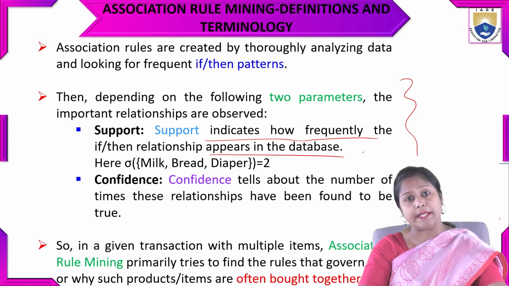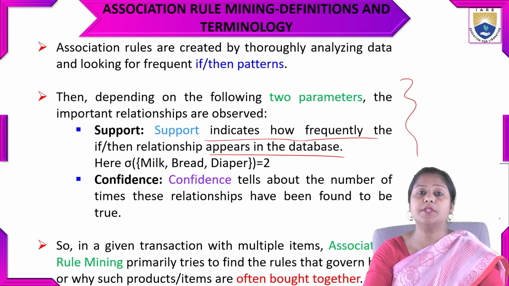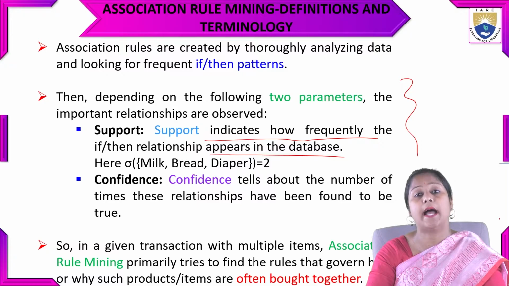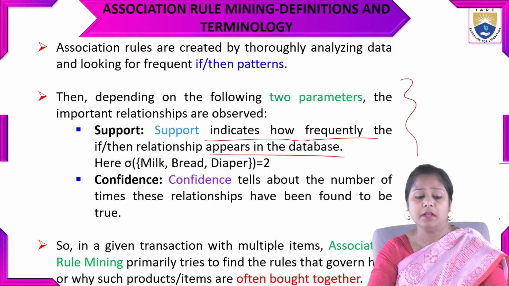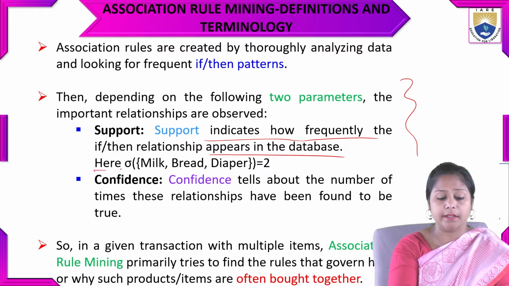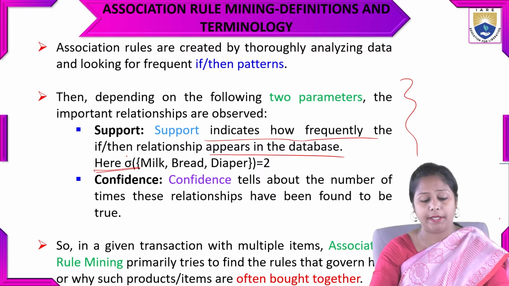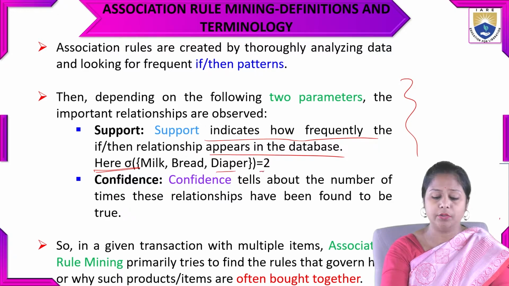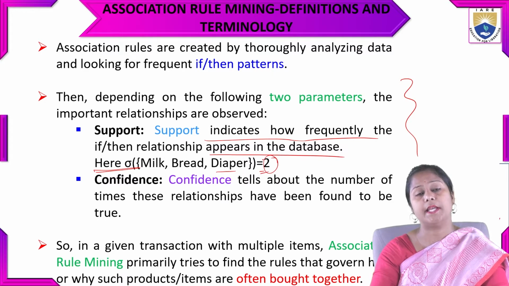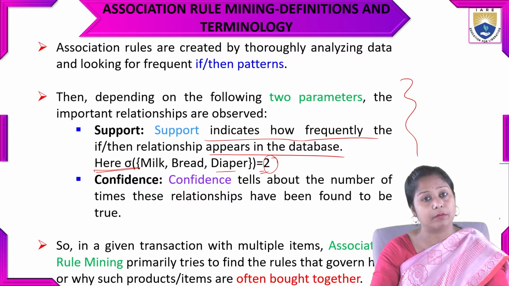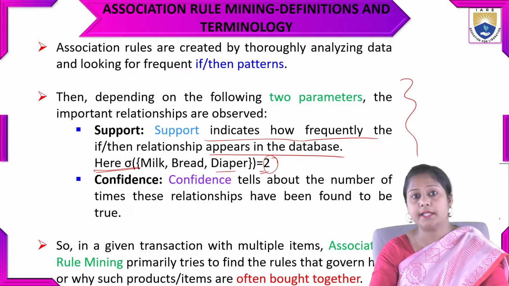It means how many times the item is going to occur. Here, sigma of milk, bread and diaper is equal to 2, so it has occurred 2 times in that particular database. That frequency is the support of that particular relationship.